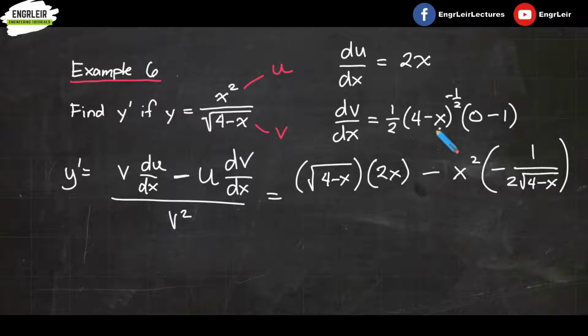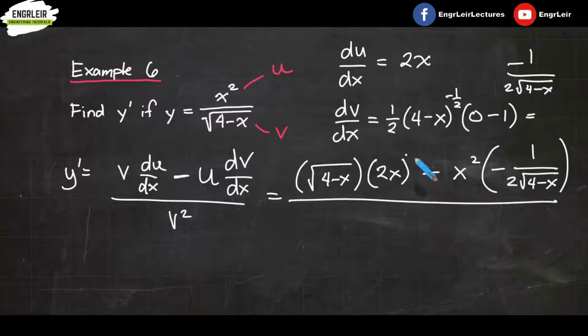So, pag sinimplify mo to, okay? Divided by square nung denominator, of course, dahil naka-square root siya, ang square niya is simply 4 minus x. And again, you can simplify the following using algebra, pero I would be stopping here, no? It's now an exercise for you to simplify this using algebra.